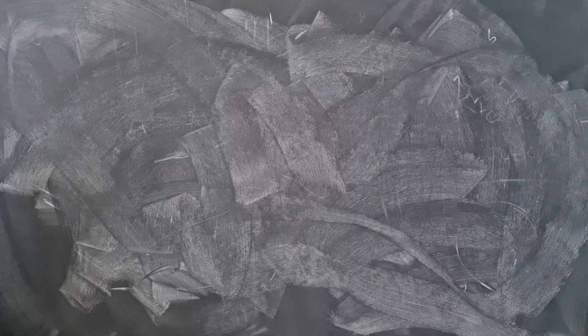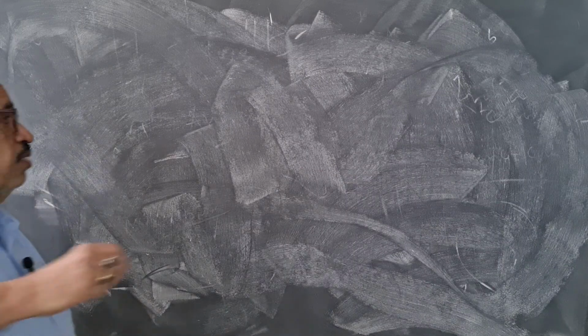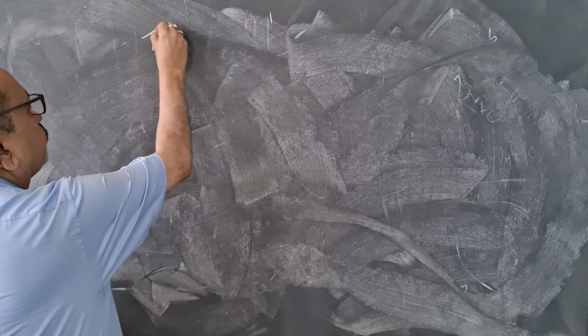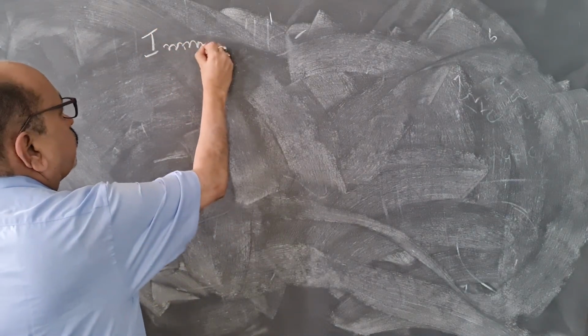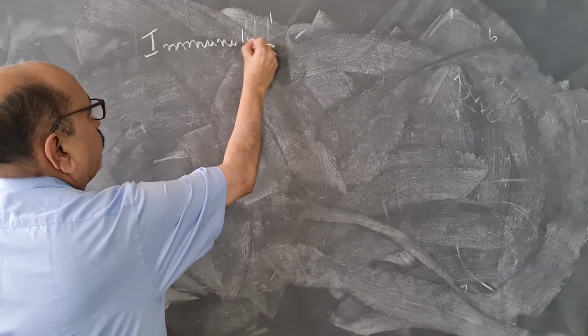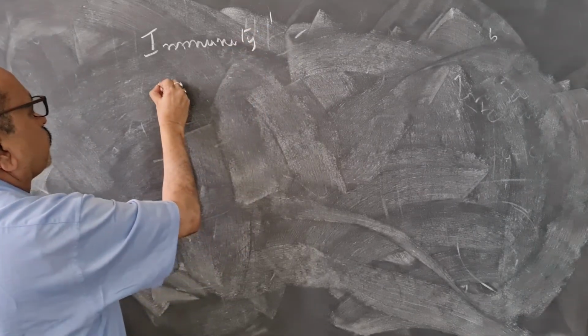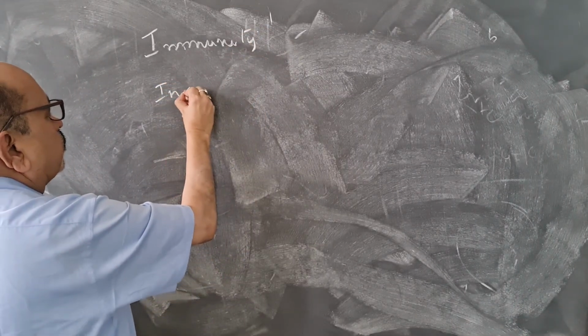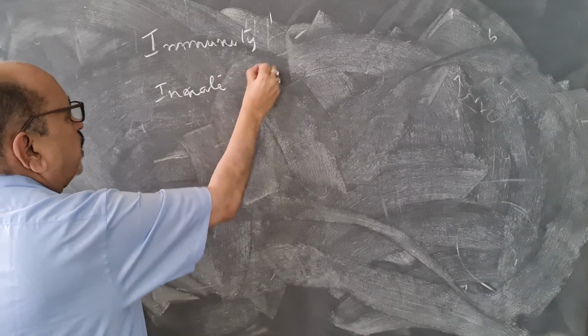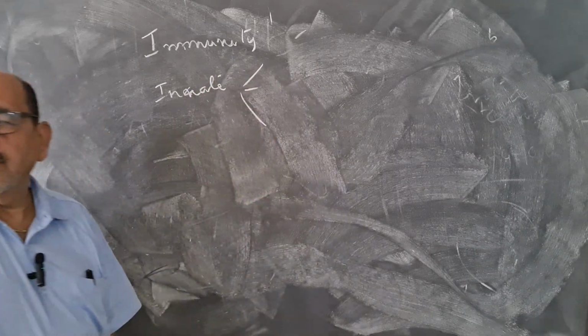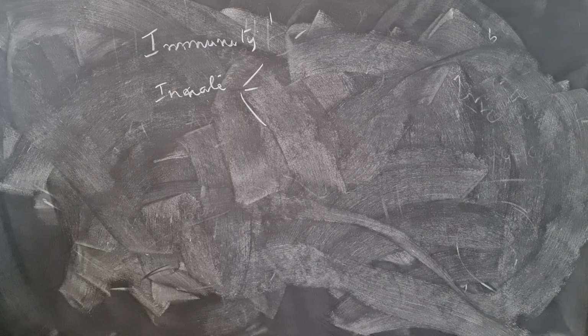There are two kinds. They are classified as innate immunity and acquired immunity. Innate is further classified into species, racial, and individual.